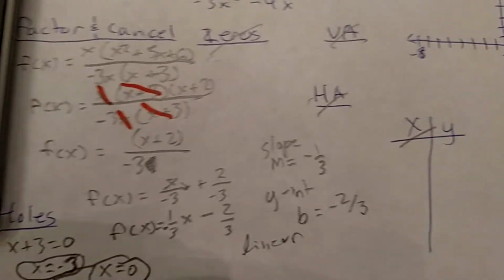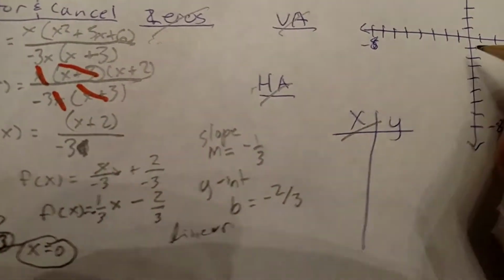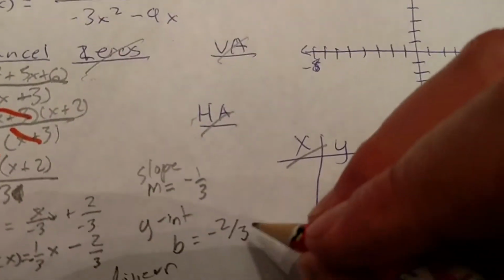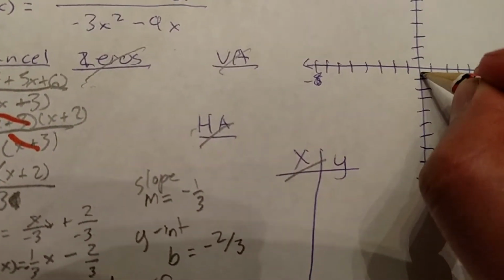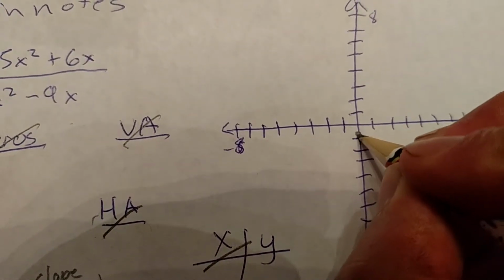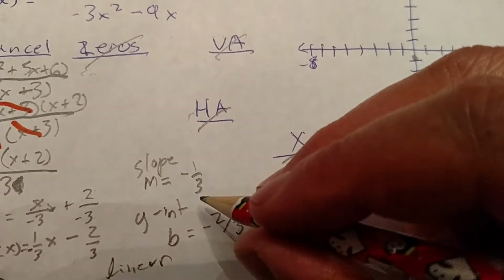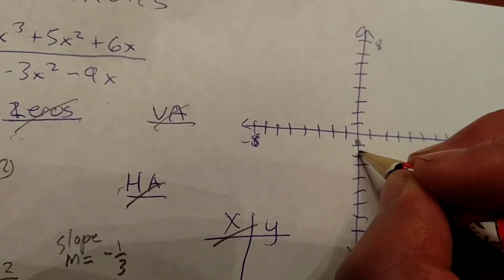All right, so I'm going to start at -2/3, which is right about here, and I can use my slope to go down 1 over 3.